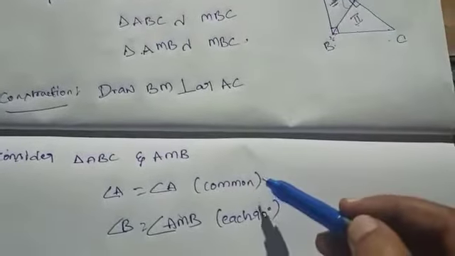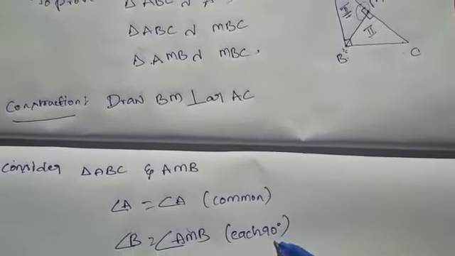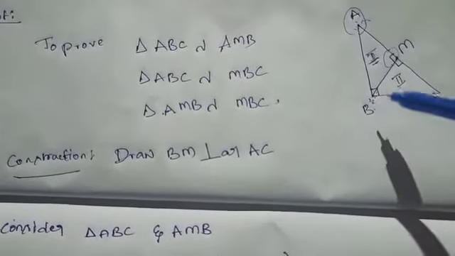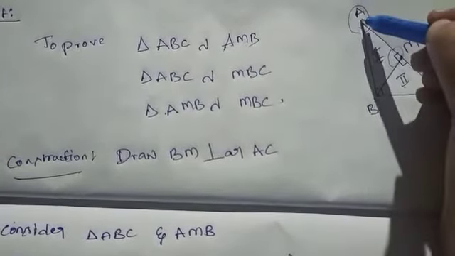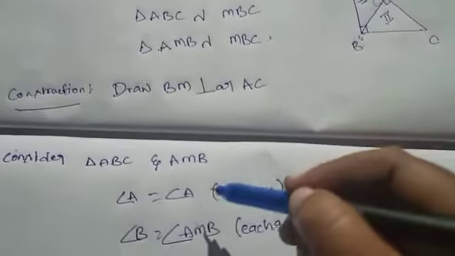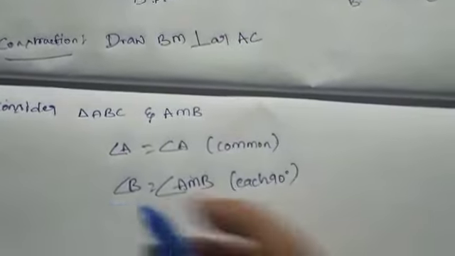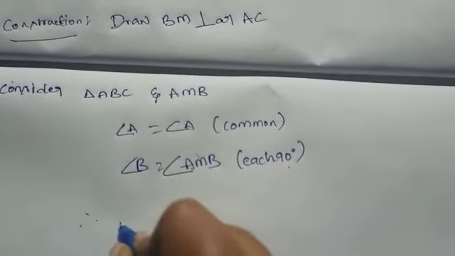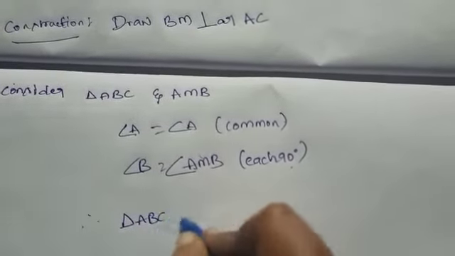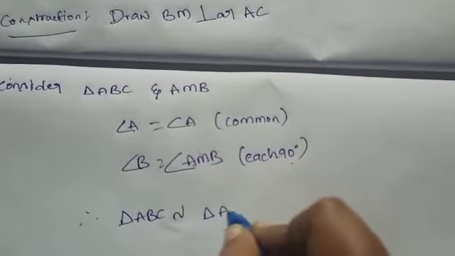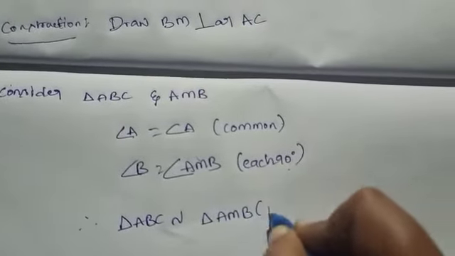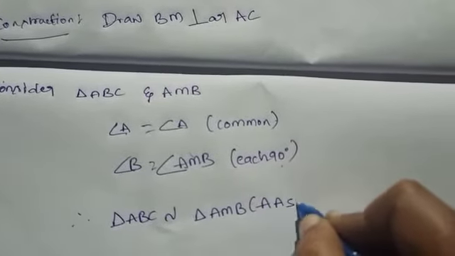Here using the angle similarity criteria, triangle ABC is similar to triangle AMB. Okay, therefore triangle ABC is similar to triangle AMB.